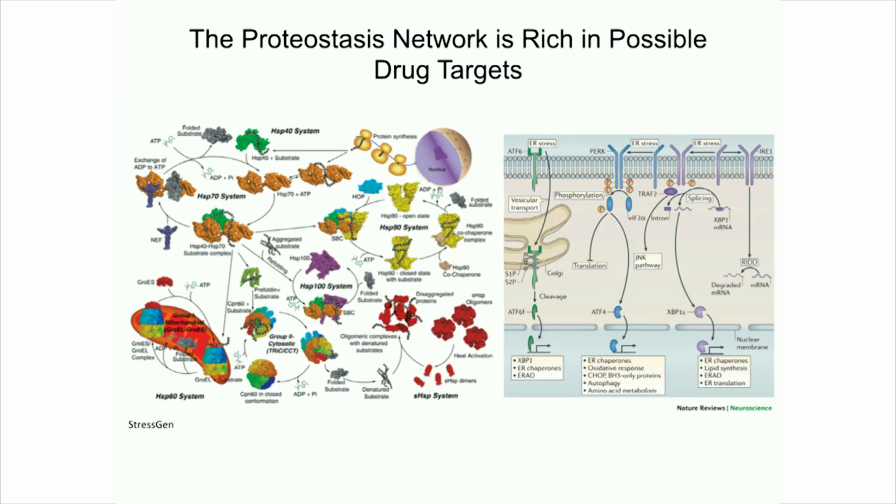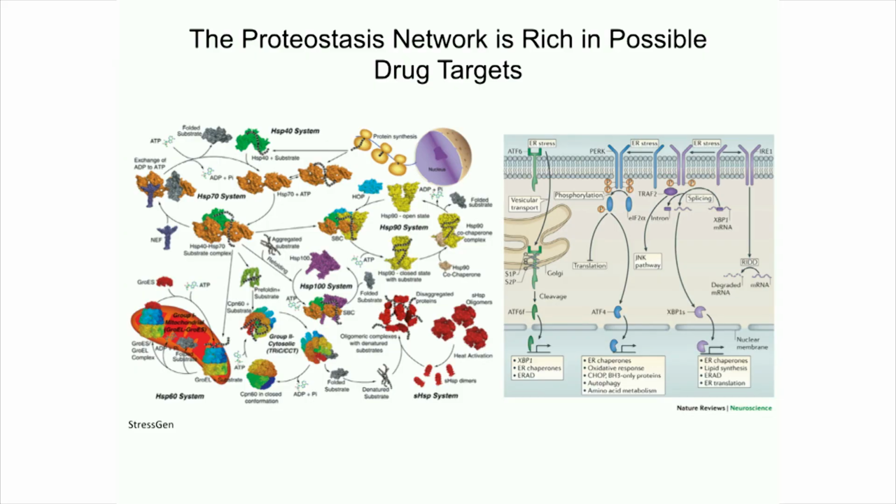The problem, and again, this is one of these busy slides that's only meant to illustrate the fact that there's a lot going on, is that these proteostasis and chaperone and protein degradation pathways are complex and overlapping. And although we've done a lot of very nice work as a field in studying individual components, who they bind to, how they work, how they release their substrates, mapping out how these work together is really at the forefront of this work on stress networks.